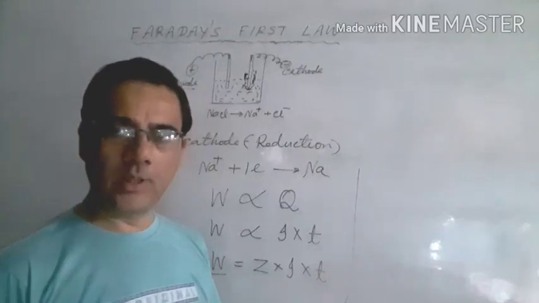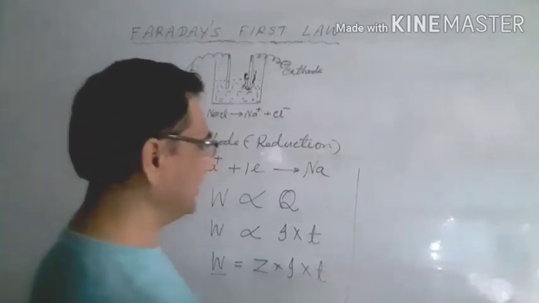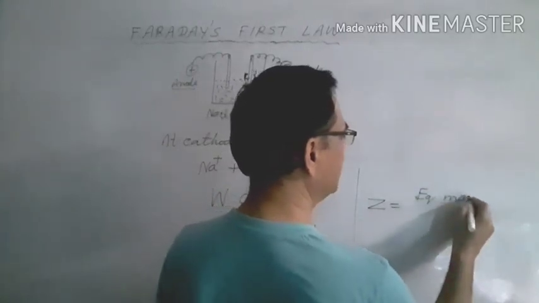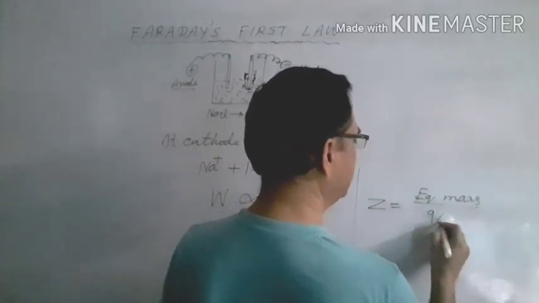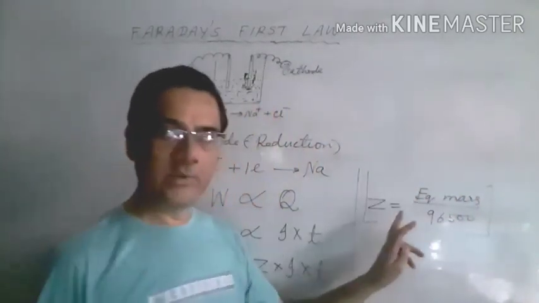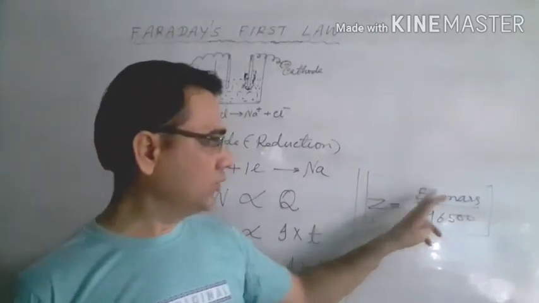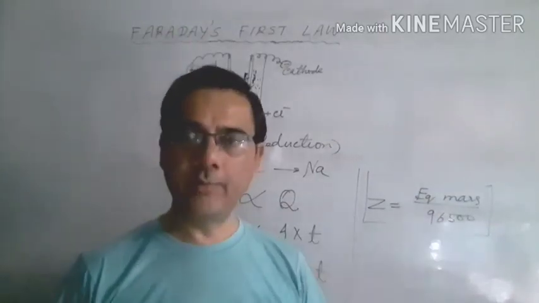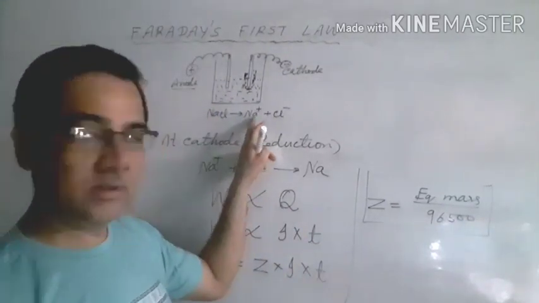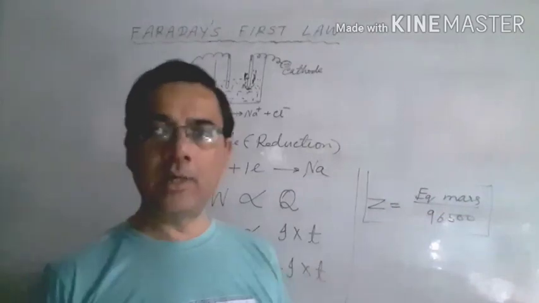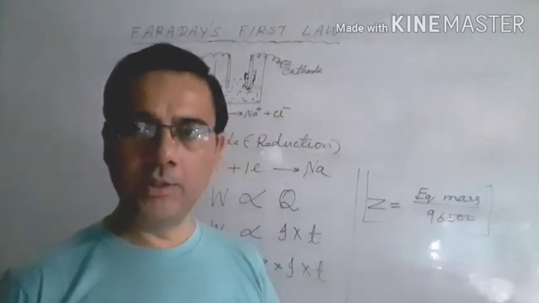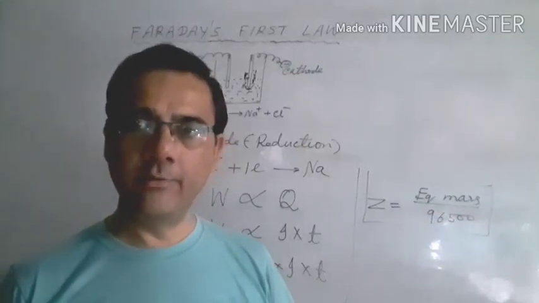is called the electrochemical equivalent. The value of Z is equal to equivalent mass upon 96,500. And what is the equivalent mass? Since we are discussing an element, the formula for the equivalent mass of an element is atomic mass upon its valency.